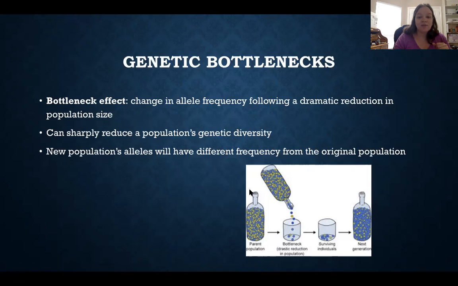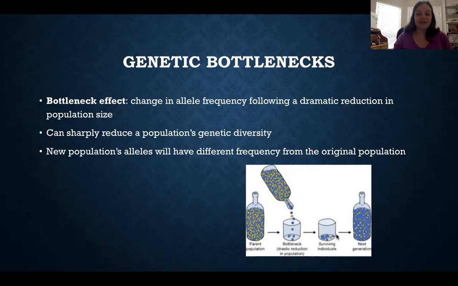Here we have these blue and yellow beads representing the original population, and then randomly we shake some out to represent the bottleneck event. We don't have the same allele frequency showing up in our new generation, the surviving individuals.